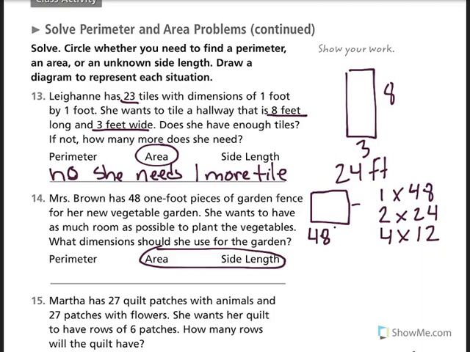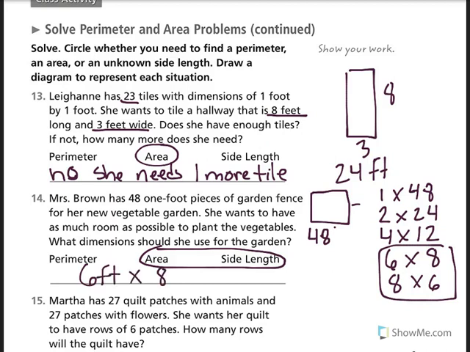There's not a 5 times. What about a 6 times, what is that? Yeah, 6 times 8. And then it goes back to 8 times 6, right? Because there's no 7 times 7, because that'll be 49. So, the best dimensions would either be 6 by 8 or 8 by 6. So she should do 6 feet by 8 feet. That was a tricky one.